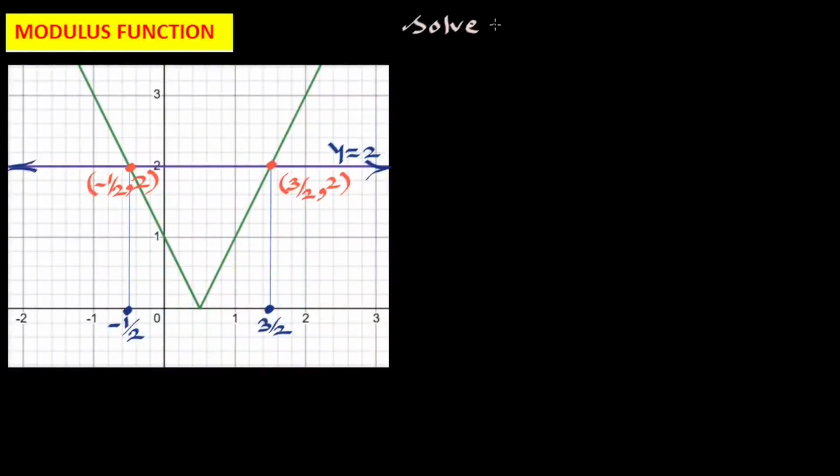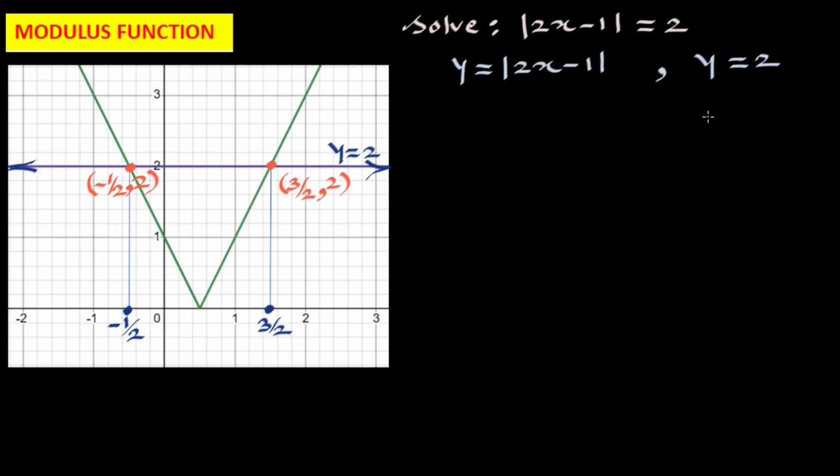Let us solve the modulus equation mod 2x minus 1 equals 2. For the graphical solution, we put y equals mod 2x minus 1, also y equals 2, and draw the graph of both these equations. Here we have drawn the graph of y equals 2 and the graph of modulus 2x minus 1, the graph in green.